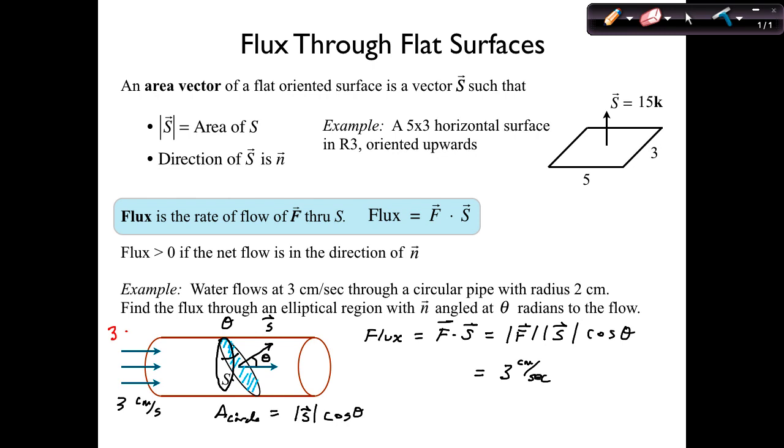And what's the area of the circle? Pi times 2 squared, right? The radius is 2, so I know the area of the circle. So the magnitude of my S vector is just going to be pi times 2 squared over cosine theta.